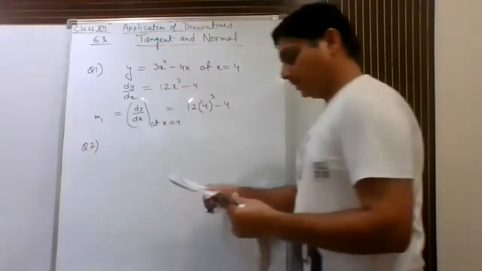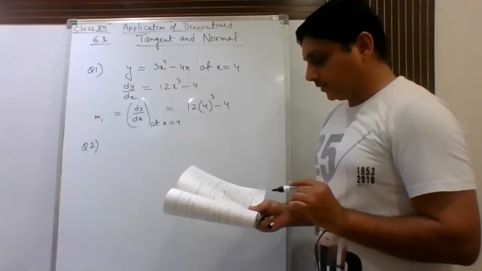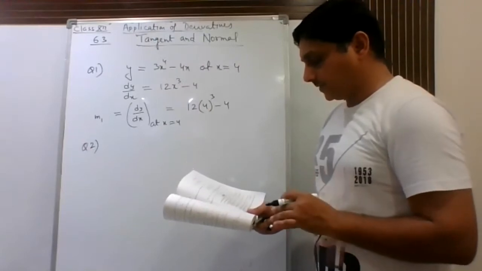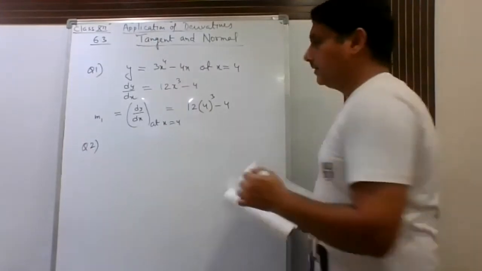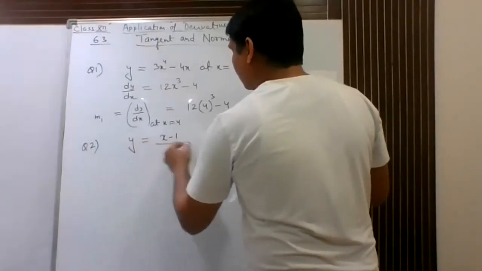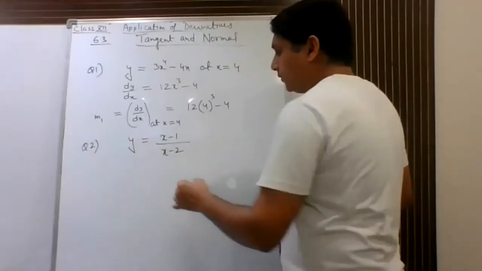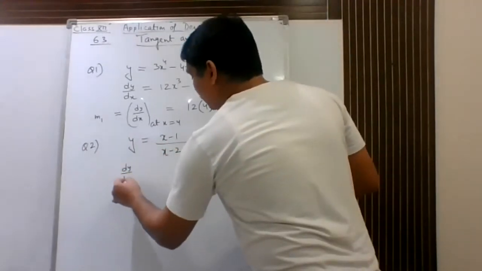Question number 2. In the second question, find the slope of the tangent to the curve y equal to this much when x is equal to 10. Here, your y is given. Just take the derivative with respect to x. You need to apply the quotient rule.